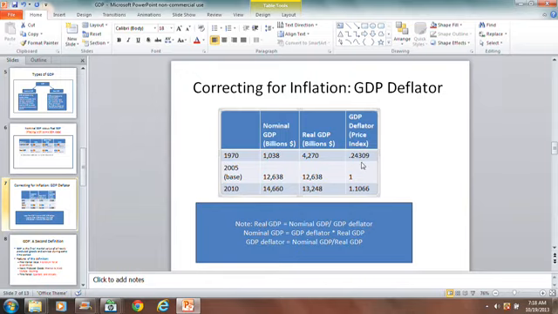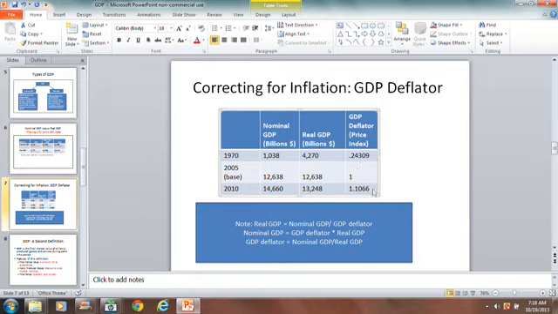So a GDP deflator for 1970 says something that cost $1 in 2005 will cost you about 24 cents in 1970. So the deflator is telling us how prices for the current year differ from the base. And then you can use the index to bring the prices up or down to the base year level.